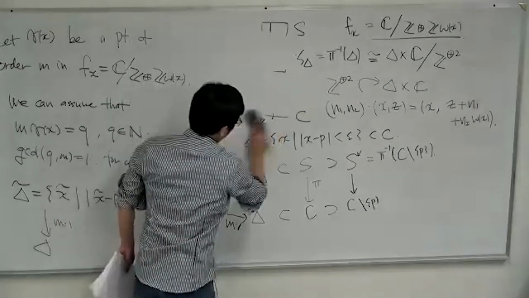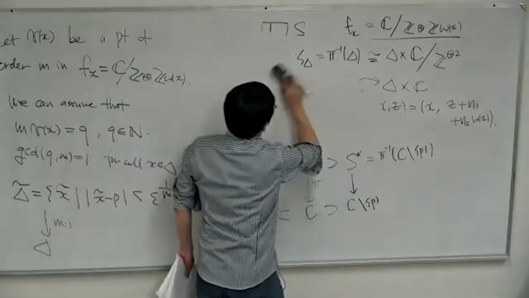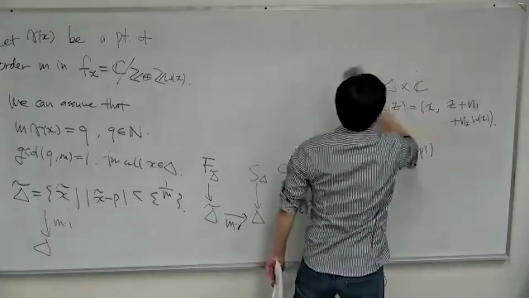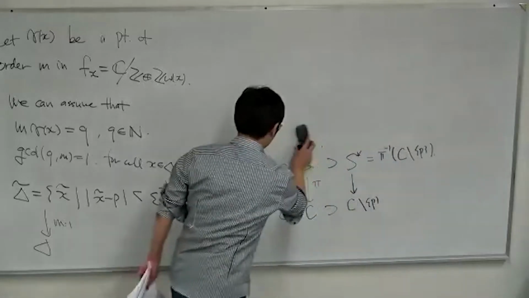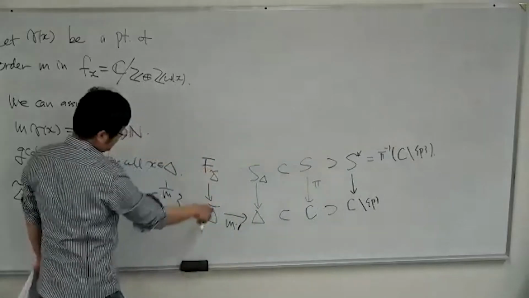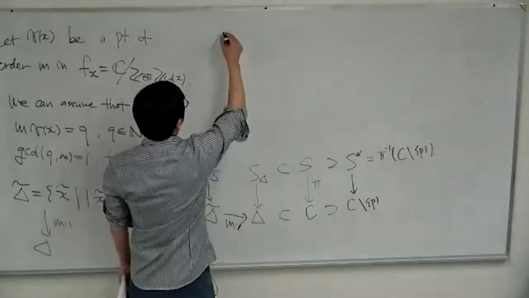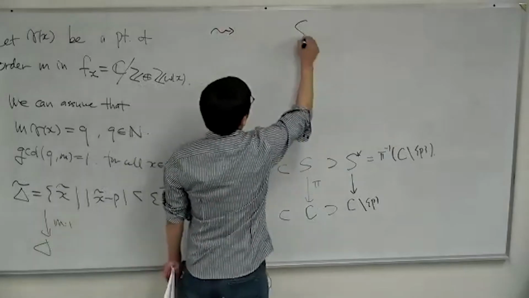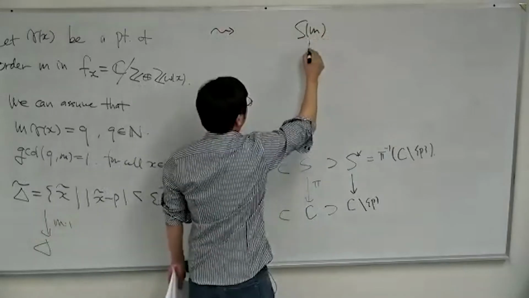But anyway, this logarithmic transformation is an operation replacing, so manipulating this part. So I obtain a new surface Sm over C.